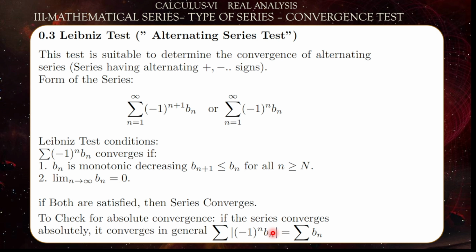Bn is whatever term is multiplied by minus 1 to the power of n, which becomes positive when we are testing for absolute convergence, because the absolute value of minus 1 is plus 1. So if the series of bn itself converges, in such a case, the series converges absolutely. We say that it absolutely converges.